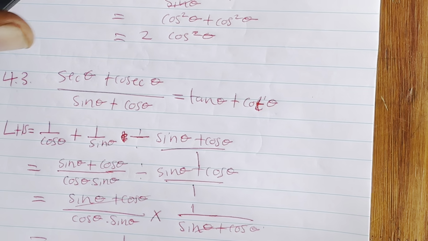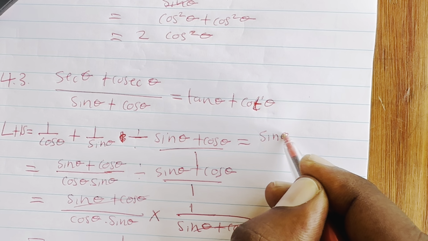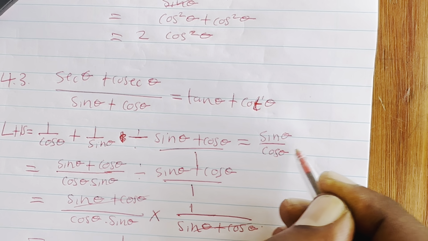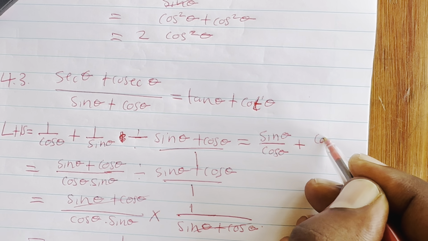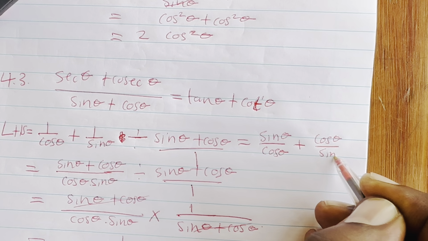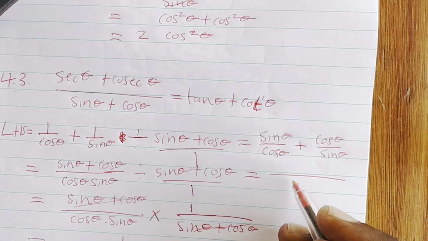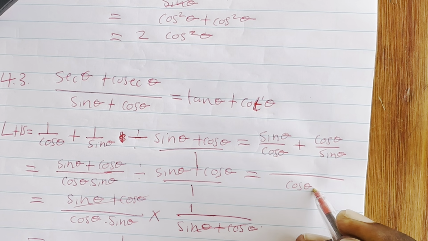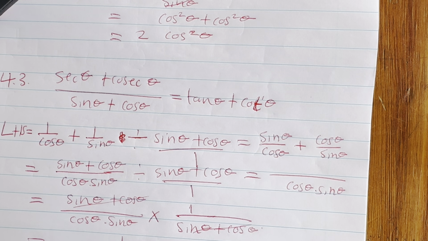So we need to solve for the right hand side, remember that this one is sine of theta divided by cos of theta plus cos of theta divided by sine of theta. We're going to have a lowest common denominator of cos of theta multiplied by sine of theta. Cos and cos will divide each other.